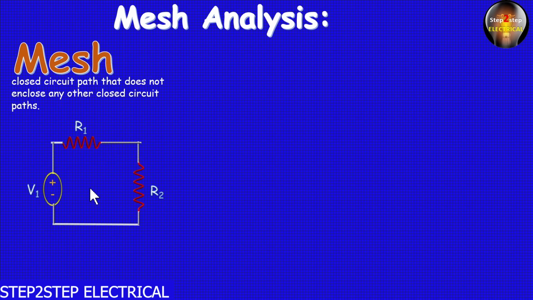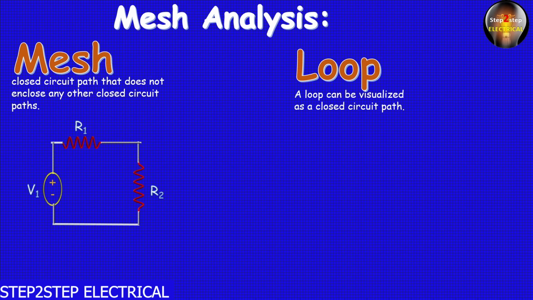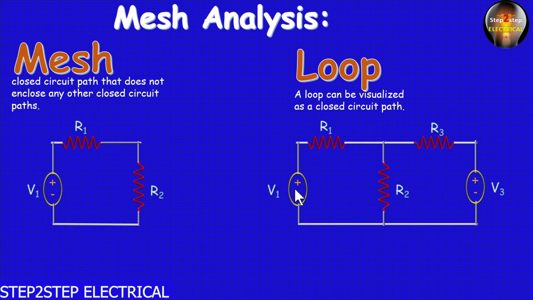Okay, so that is about mesh. And the next thing is loop. So what is a loop? A loop is a closed circuit path. Then what is the difference between loop and mesh? Once you see the figure and the explanation, you will be very clear about the actual difference. So here we have the circuit, and in this circuit, as we have discussed, this is a mesh, and the next mesh is this one.